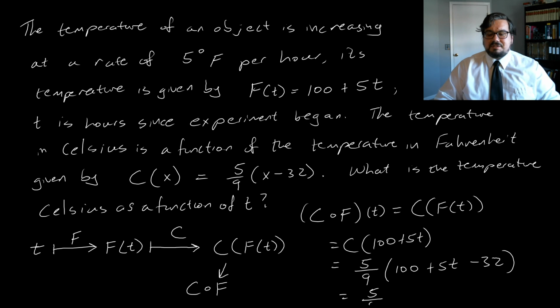So this gives us a function, and we can simplify it by combining the two constant terms here: 5/9 times 68 plus 5t, and that gives us the temperature of the object in Celsius based on the number of hours since the experiment began.